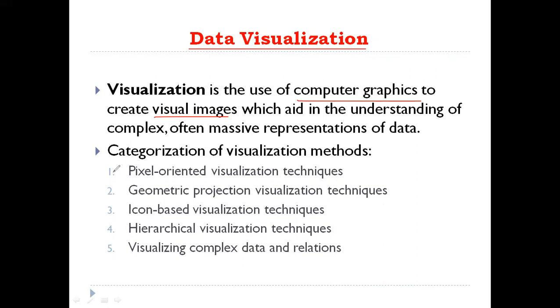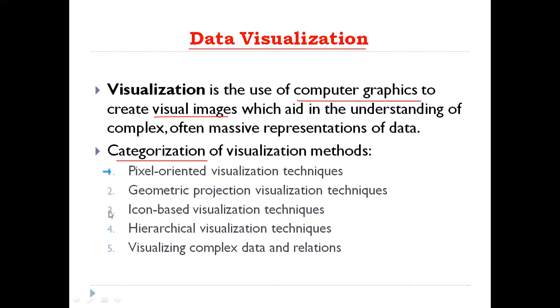Here we have different categories of visualization methods. So what is the first one? The visualization methods are of five types. Now we are going to discuss five types of visualization methods. What are those?